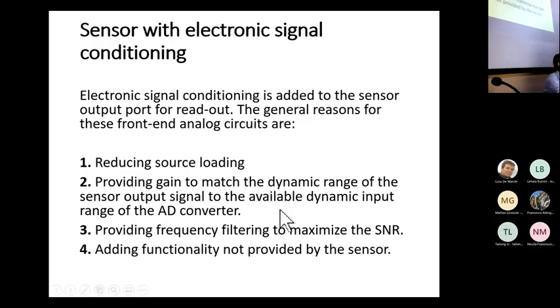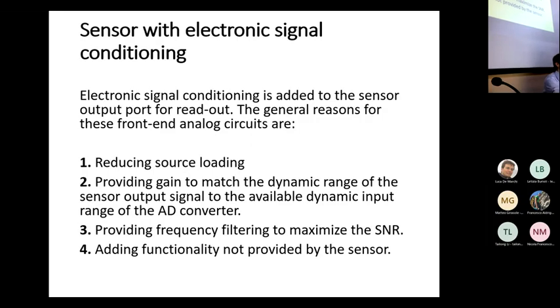Then we have to provide some sort of gain in order to exploit as much as possible the dynamic range that we have at the input of the analog to digital converter.